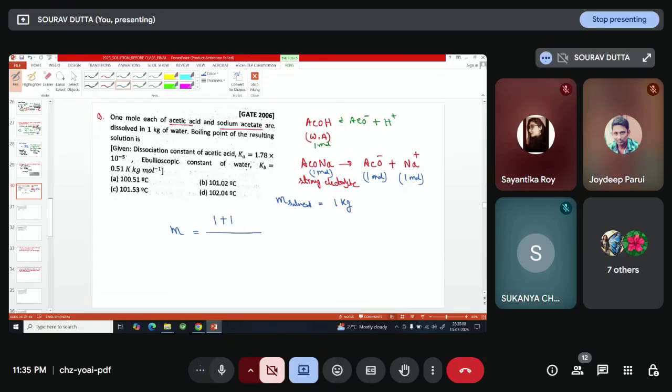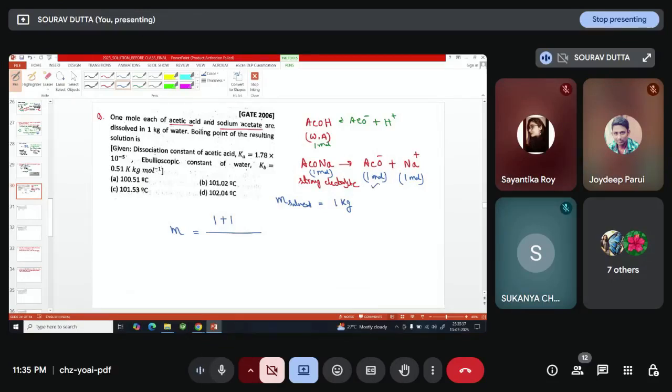Okay, so in this question acetic acid 1 mole is given and sodium acetate is also 1 mole given. Molality is number of moles of solute divided by mass of the solvent in kg. If you write for acetic acid 1 mole and for sodium acetate 1 mole, it will be wrong, because sodium acetate is dissociated as acetate and Na+, so total number of ions is not 1.